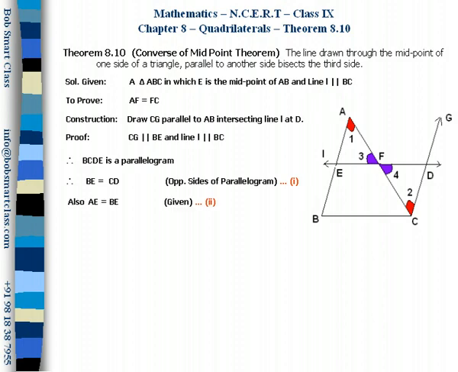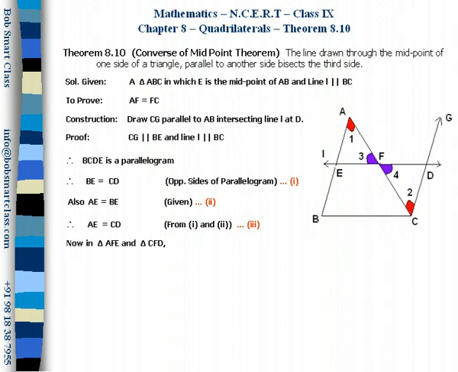We also have AE equals BE, as E is the midpoint of AB, which is given in this theorem. Thus, by statements 1 and 2, we have AE equals CD.